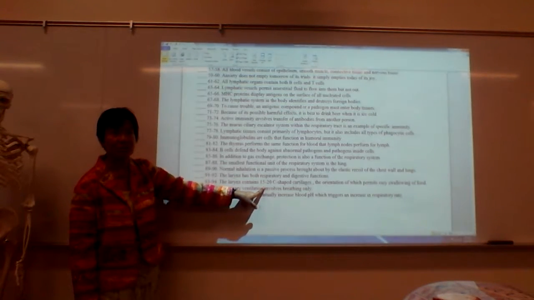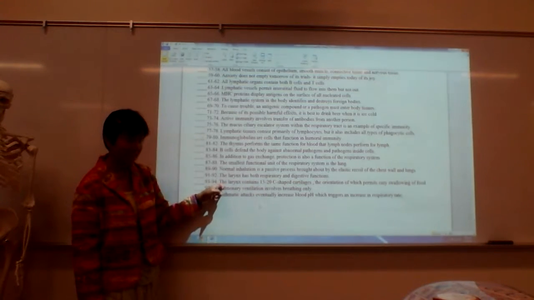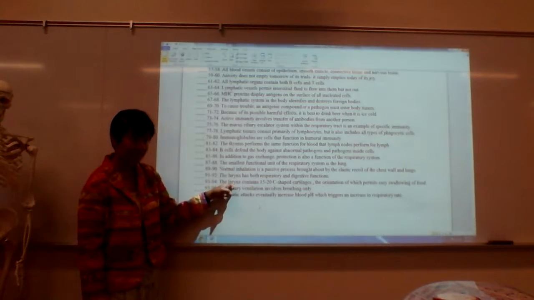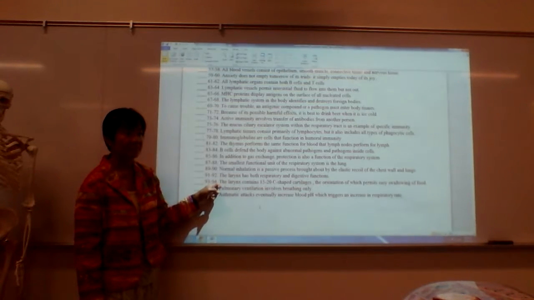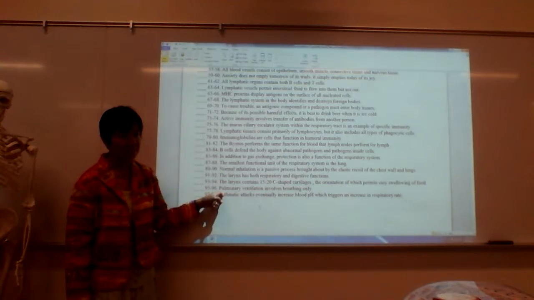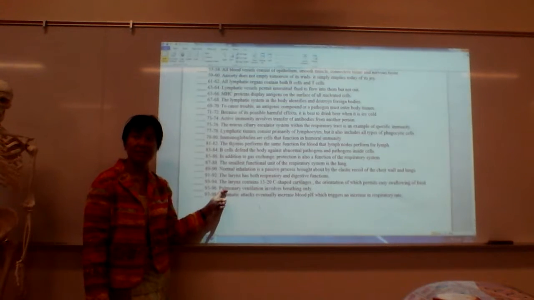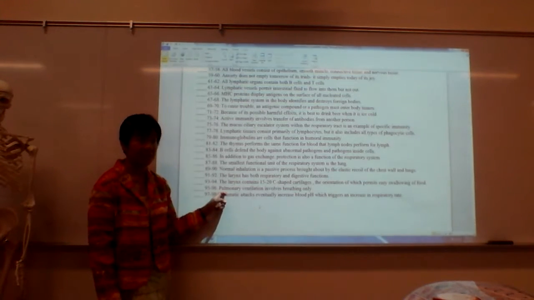False, because which is the one that has these cartilages for swallowing? It's the trachea. So if this says the trachea, then this is correct. Pulmonary ventilation involves breathing only. Yes, true. Ventilation is inhalation and exhalation. What's that? Breathing.